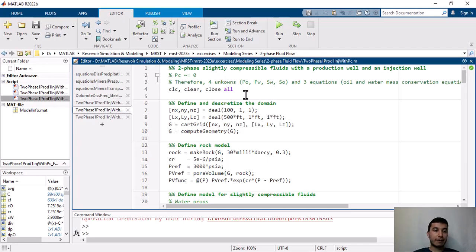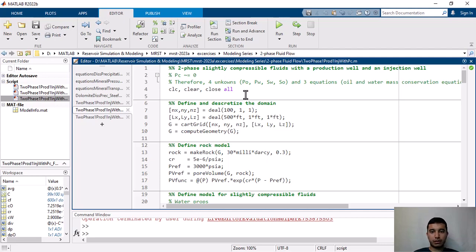In other words, we have two different unknowns. So we need to have one more equation. What is that equation? That's the capillary pressure relation, all right? Which is actually the non-wetting phase pressure minus the wetting phase pressure equal to capillary pressure.